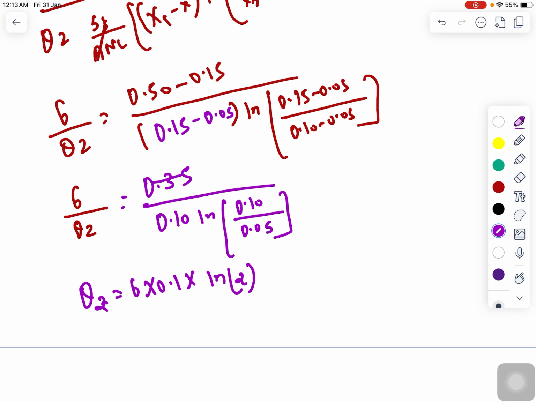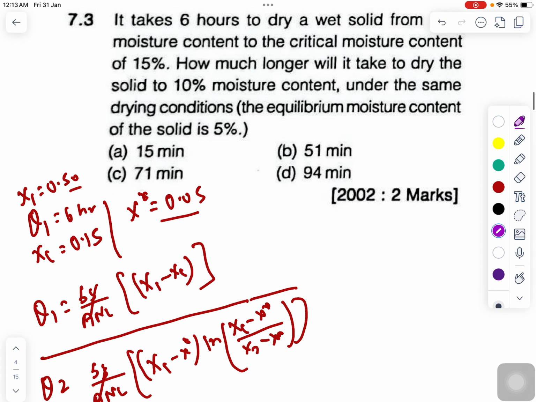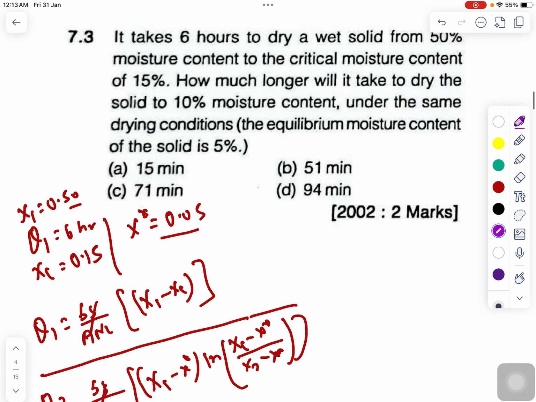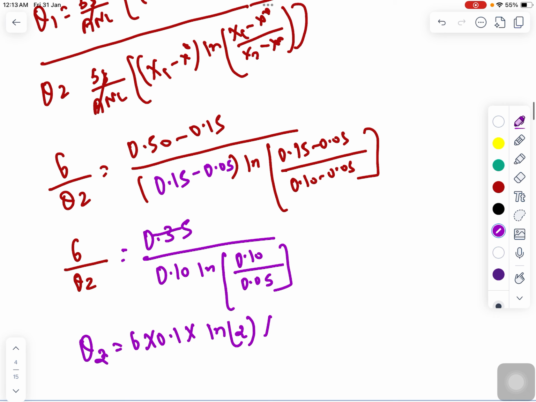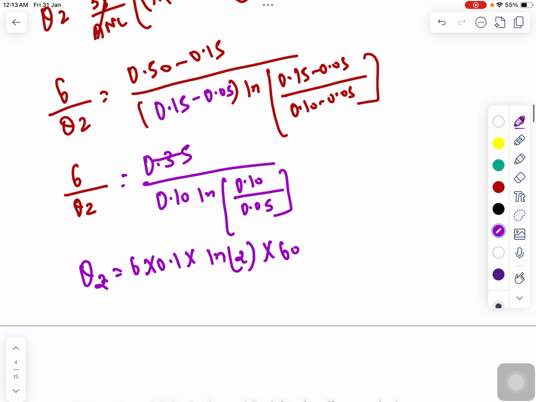Here you can say that 0.1 ln 2 multiplied with obviously 6, that is in hours. So you have to convert into minutes. So also you have to multiply with 60, because in the question you are supposed to calculate in minutes.